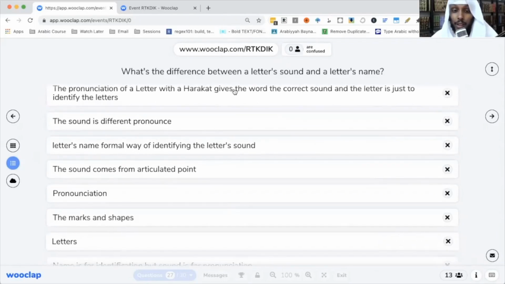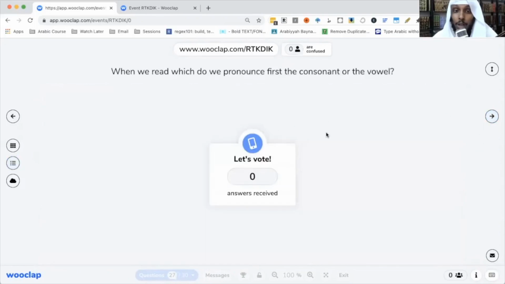Right. Perfect. Okay, next question. When we read, which do we pronounce first? The consonant or the vowel? So imagine you have a word in front of you. Think of whatever word you like. Okay? Kharaja. Shariba. Okay? Sheen, fatha, whatever. Now, what do you pronounce first?